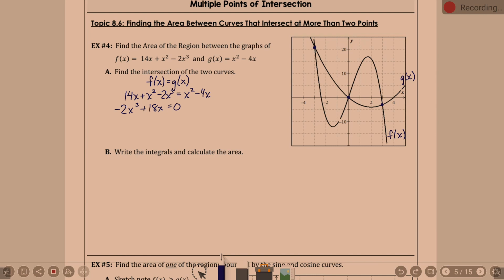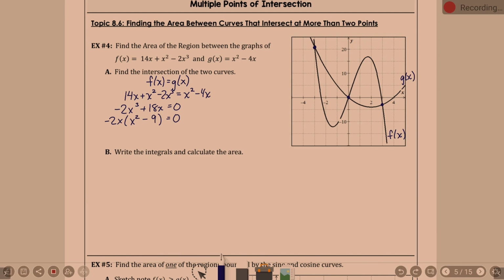Are you with me? Now what? Factor out a negative 2x. GCF? Okay. Negative 2x, GCF, leaves me with negative 9x. Oh, negative 9. Just kidding. I was giving you a chance to get there. If I factor out negative 2x, I have x squared minus 9.